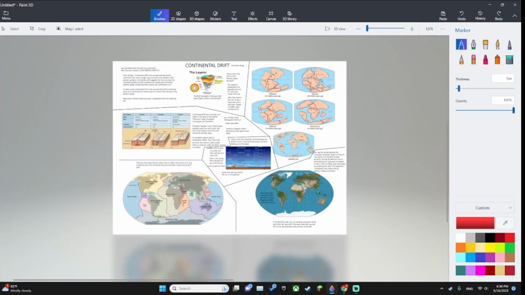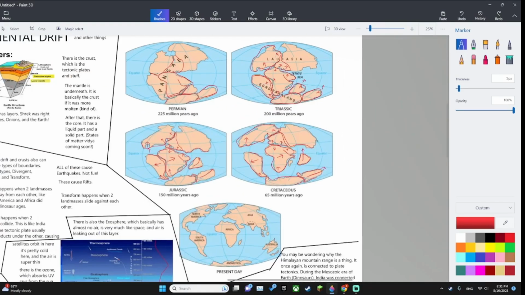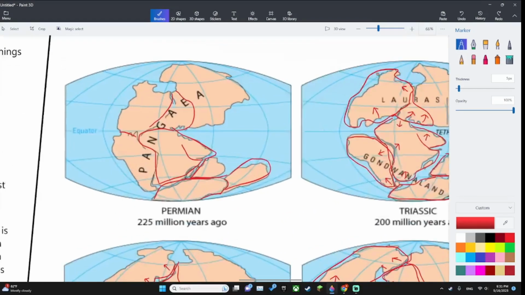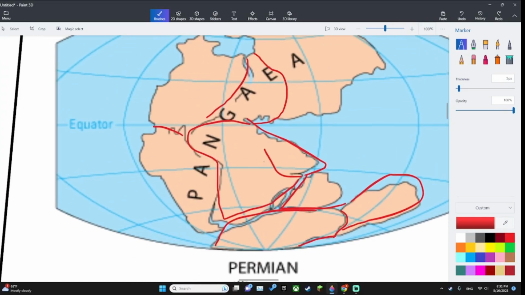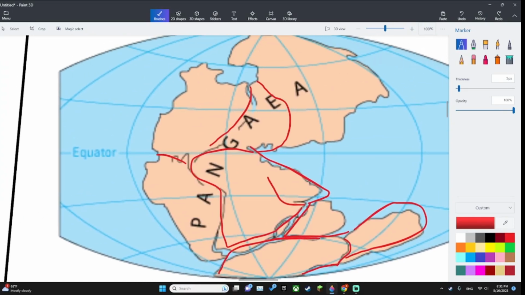Up next, as I mentioned, India and the big landmass. This is the big landmass. It's called Pangea.